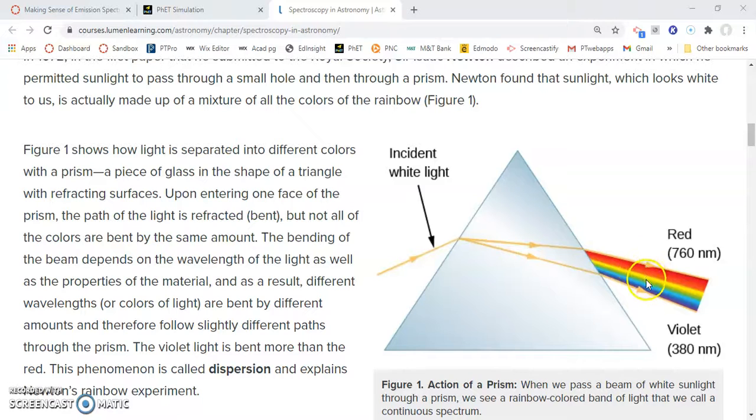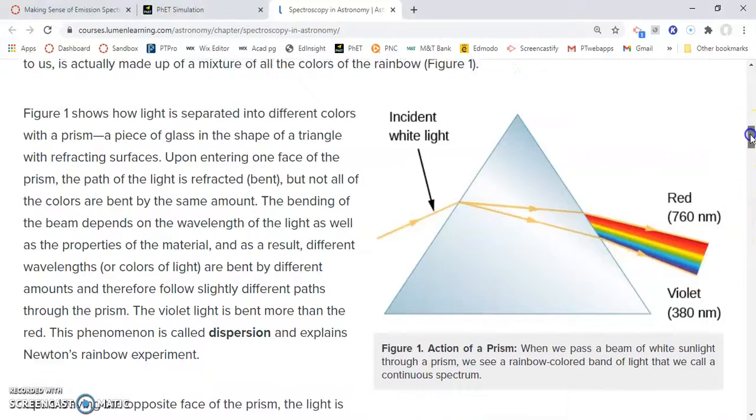So you spread the light out, you diffract it, and you are able to see all of the different wavelengths, colors, frequencies of light that exist in the light you're shining into the prism. If it's white light from the sun, then you end up with the whole ROYGBIV, red, orange, yellow, green, blue, violet spectrum.